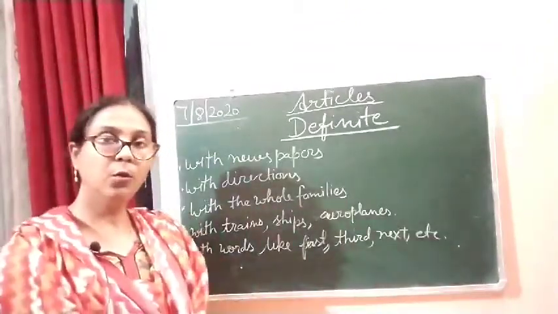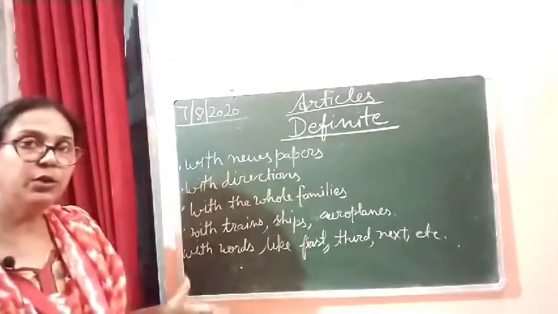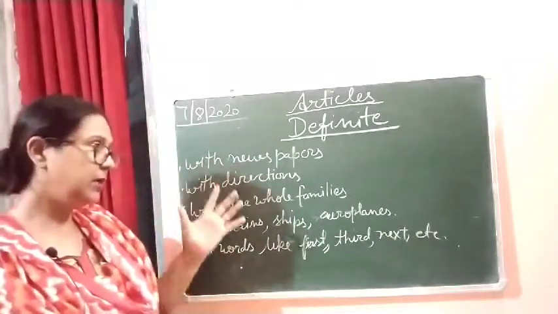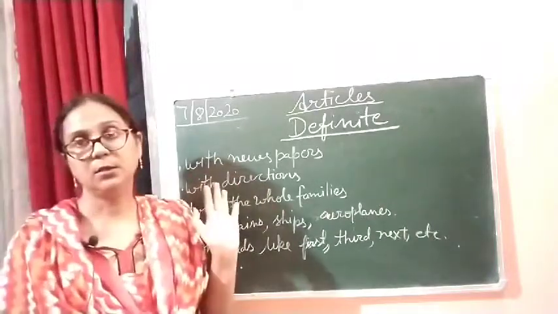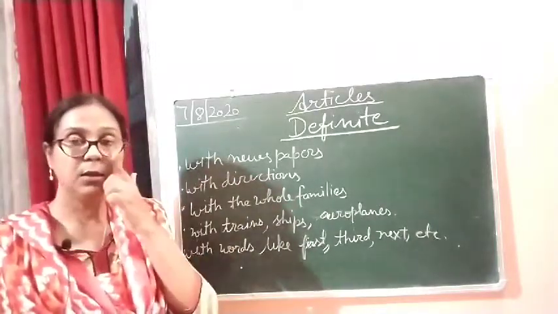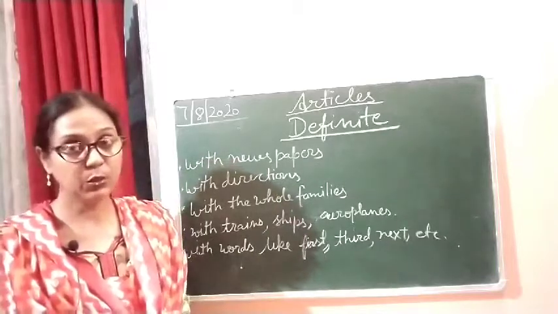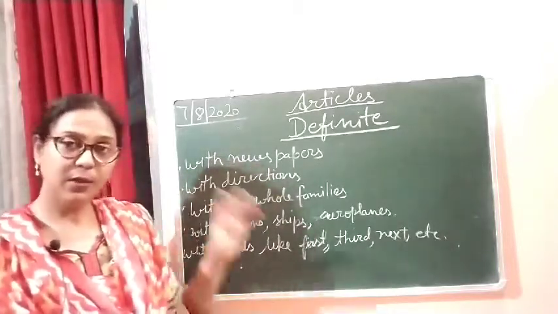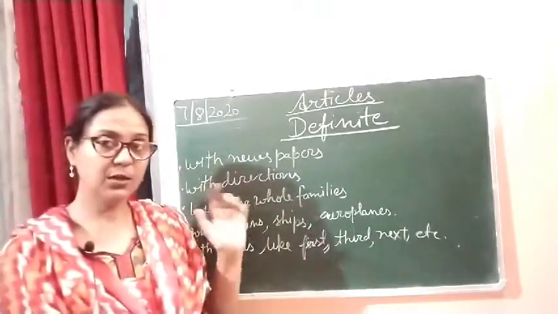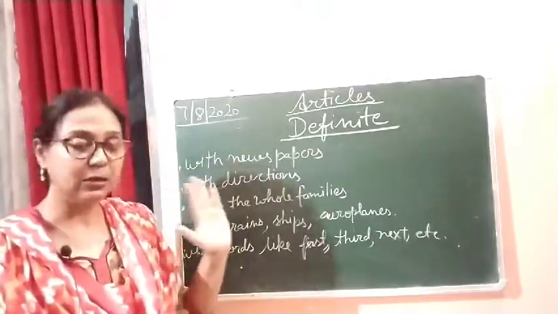Now, more uses of 'the' we are going to revise over here. With the names of newspapers, we are supposed to write the Hindu, the Dainik Jagran, the Times of India. So the famous newspapers, we are supposed to write 'the'.